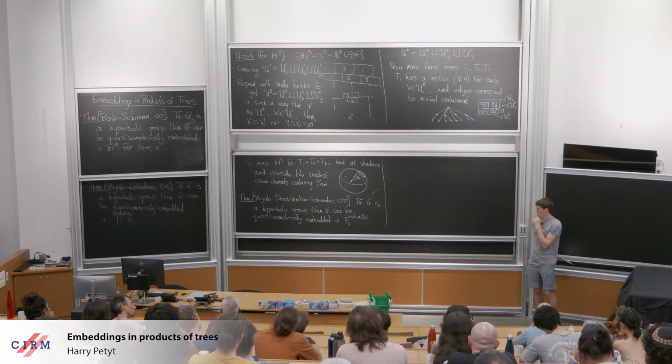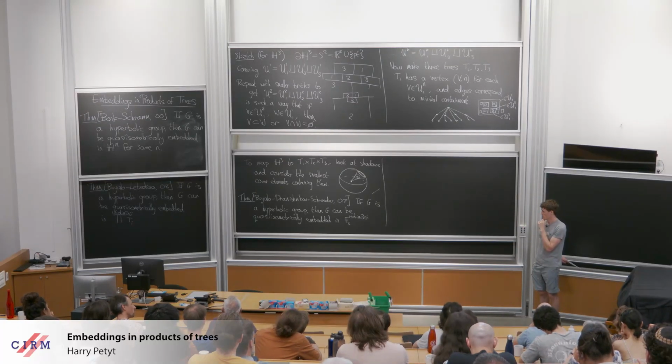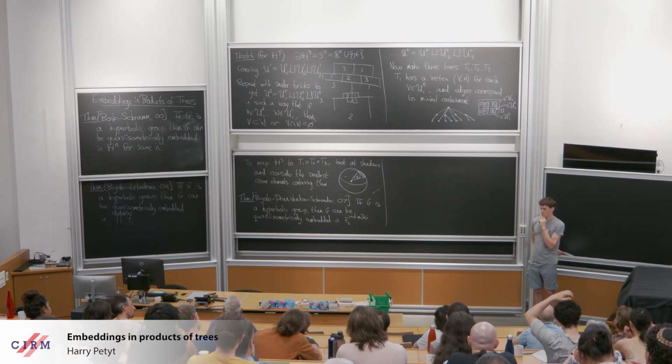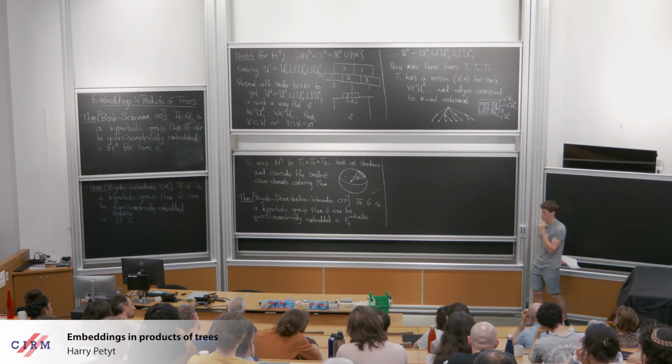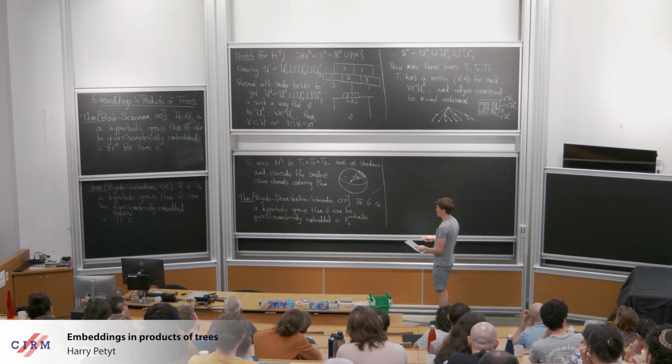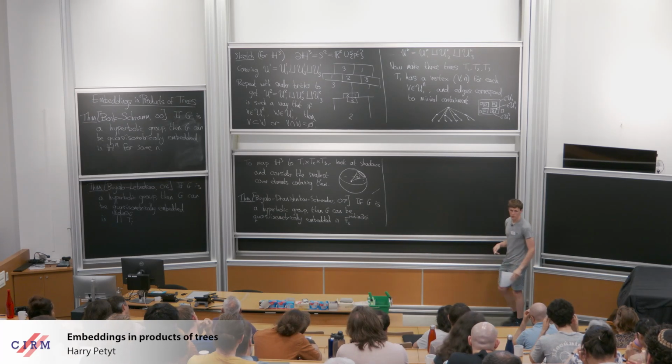And there's also a result of David Hume that says that mapping class groups can be quasi-isometrically embedded in a finite product of trees. That uses the projection complex machinery of Bestvina, Bromberg, and Fujiwara. And so both of these essentially rely on the stuff for hyperbolic spaces.